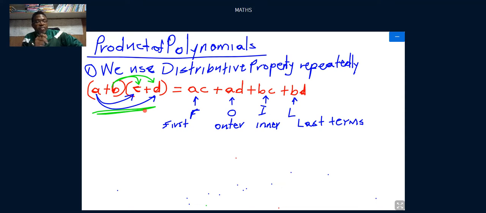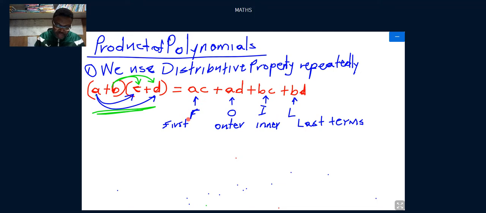And you must remember, when we multiply, we first start with the first terms on both brackets. First terms. We multiply A and C, we get AC. This is the first term. That is why we put F here.